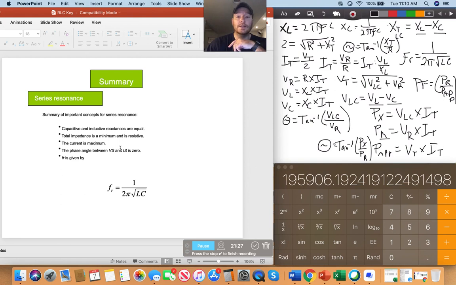The current is at its maximum. Okay, again, there's an inverse relationship there. The phase angle is 0. Okay, so that means your power factor is at 1. Okay, all right, you'll calculate that out in lab, so be aware of that. All right, and so this is the formula for that.